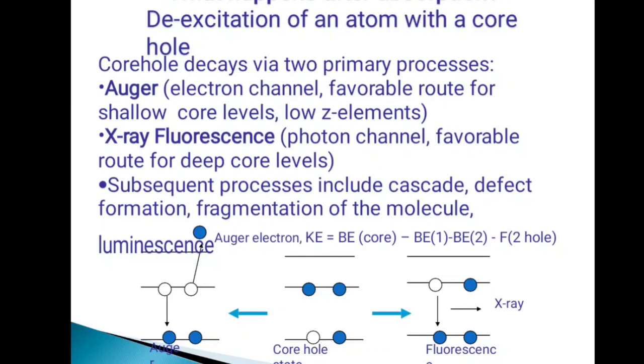The Auger electron comes out, with kinetic energy K equal to E core minus E1 minus E2 minus F of 2 hole. The two-hole process happens in Auger electrons. But in fluorescence, when the electron drops in, X-rays are produced.